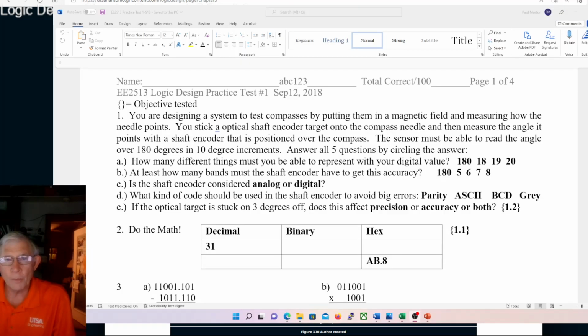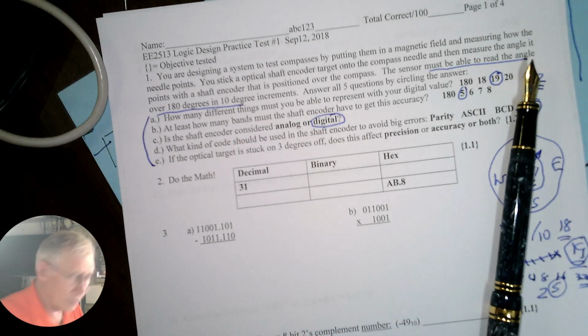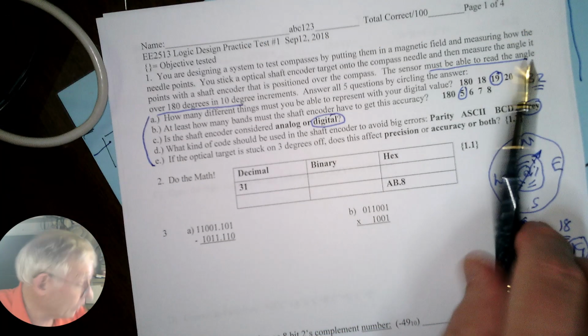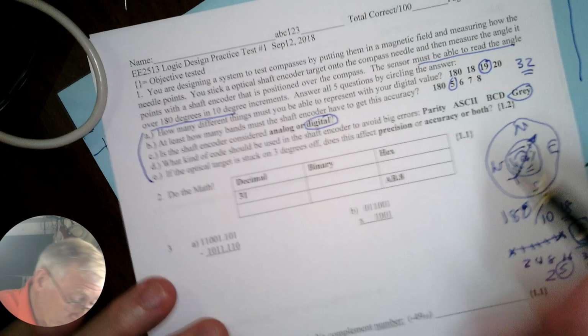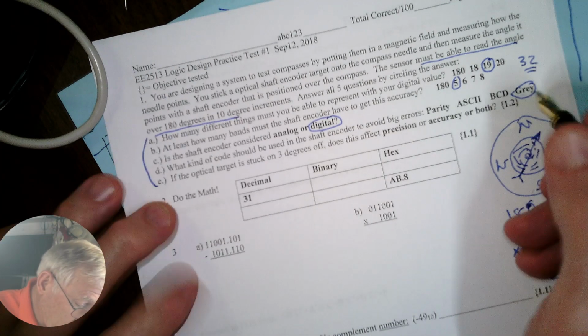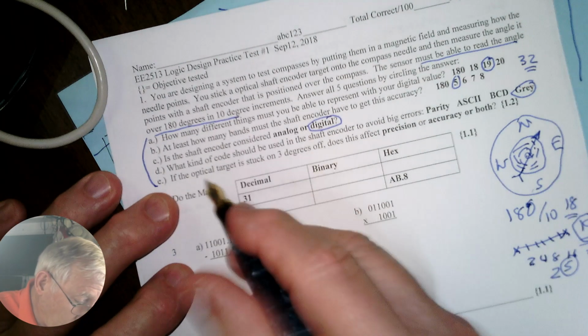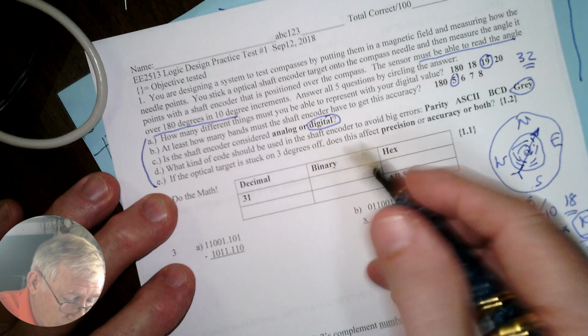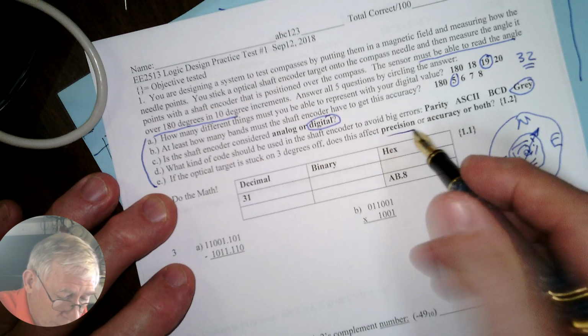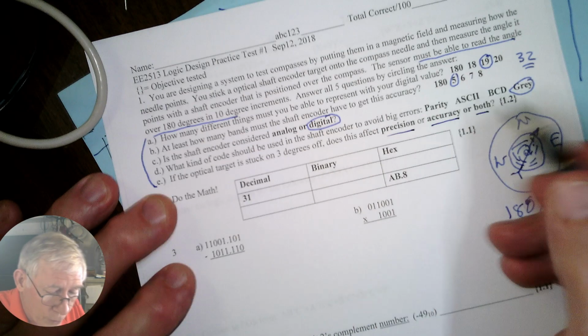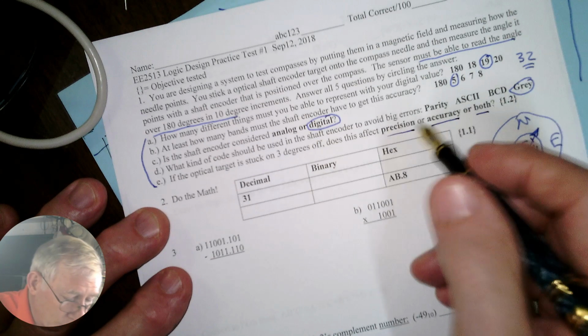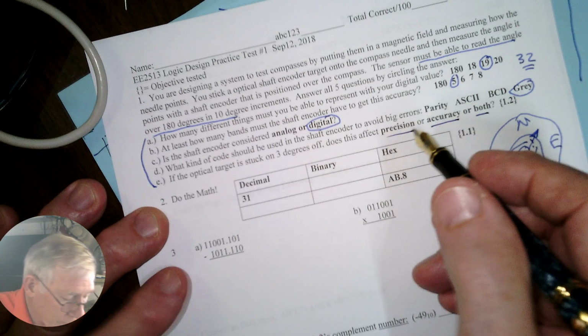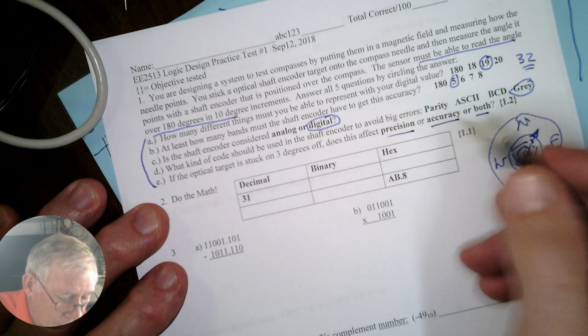All right, so back to the test. Because of that, we need a gray code. If the optical target is stuck on 3 degrees off, does this affect precision, accuracy, or both? Well, it affects precision. I'm sorry, that was wrong. It affects accuracy.